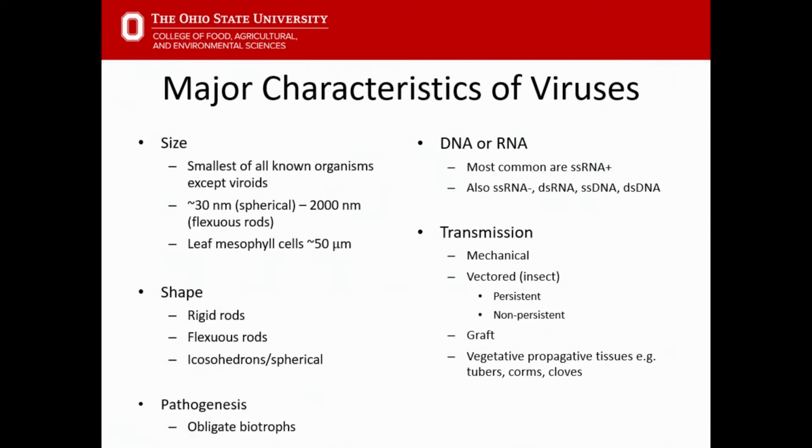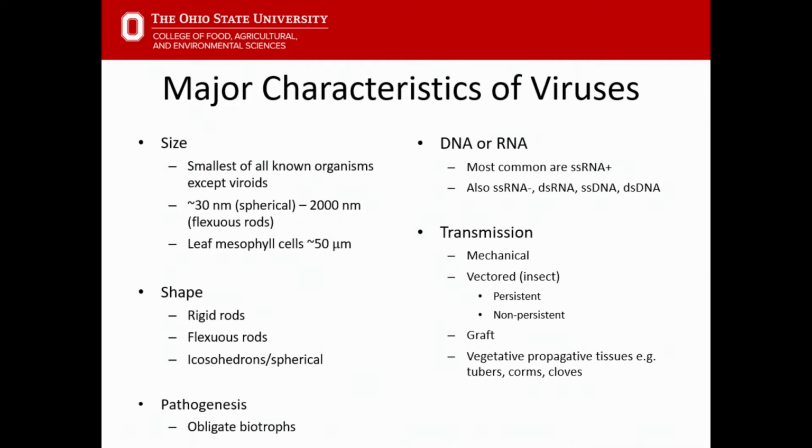These are the major characteristics of plant pathogenic viruses. Viruses are the smallest of all known organisms apart from viroids, ranging in size from about 30 nanometers for spherical viruses to 2,000 nanometers or 2 micrometers for flexuous rods.